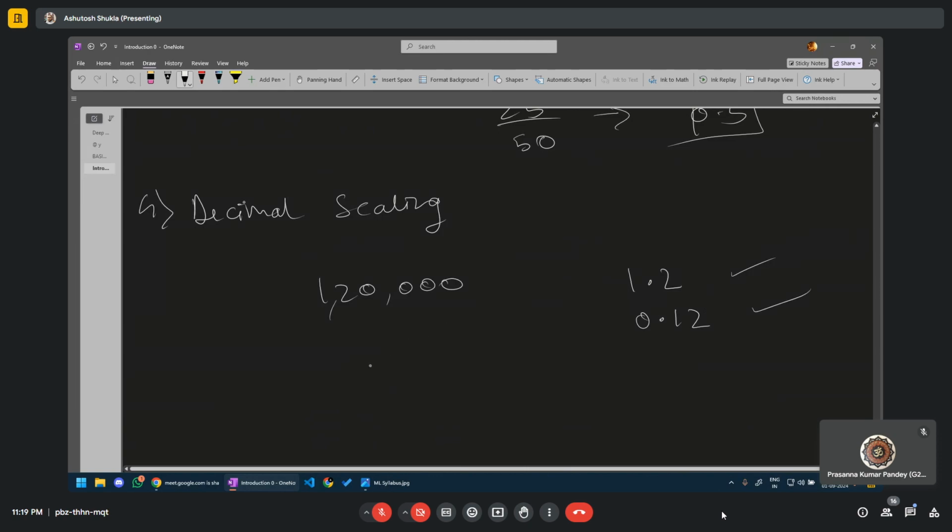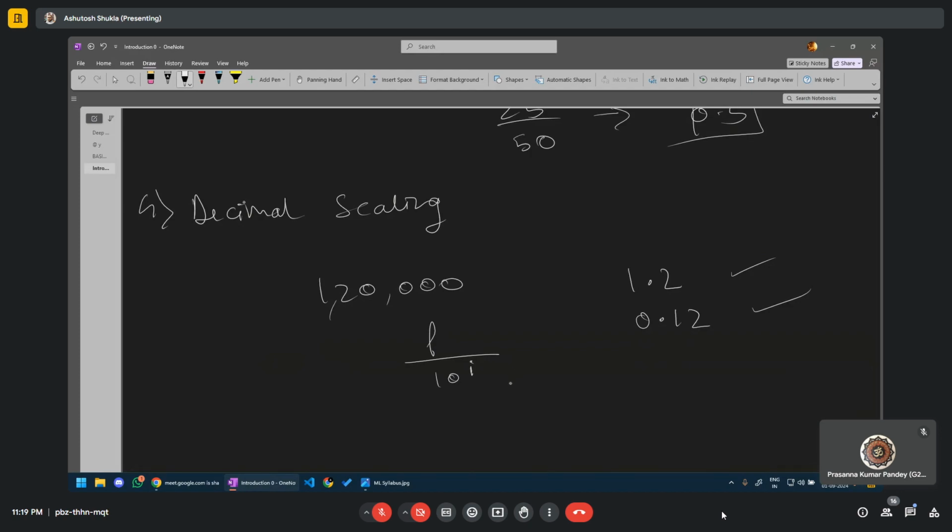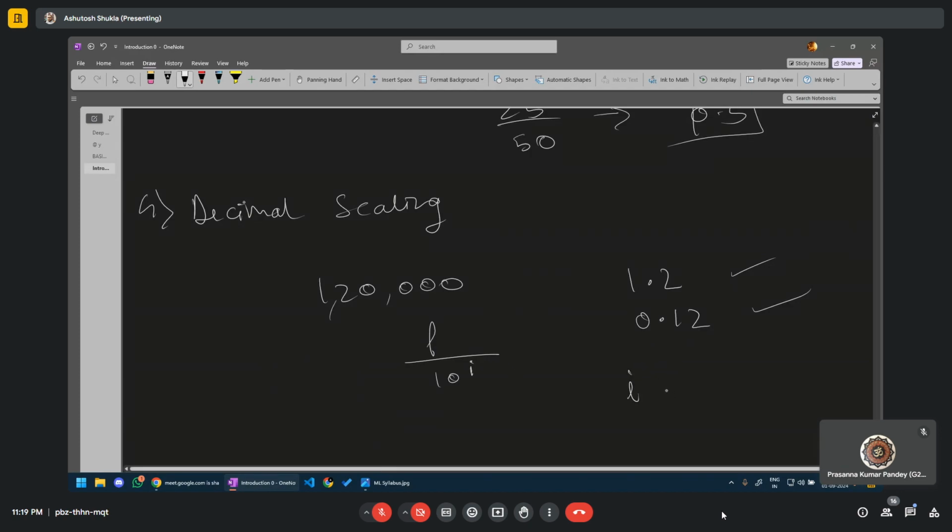By general definition, what you do is you do 10 to the power I, and above that you have the number, so the feature. This I is the lowest value which takes your result below 1.